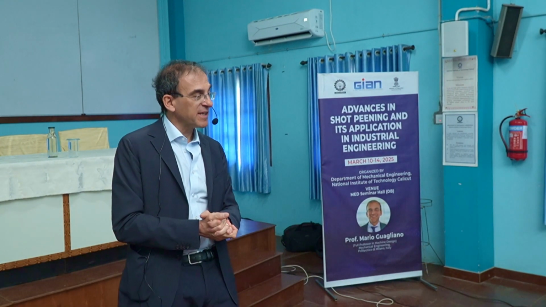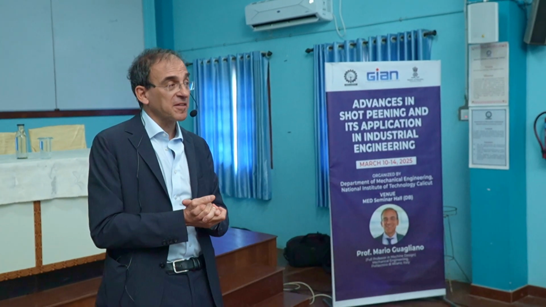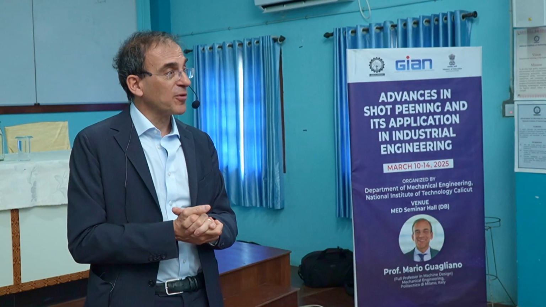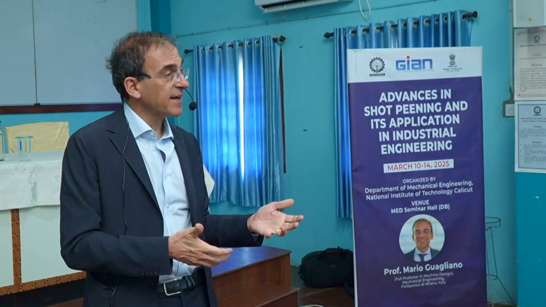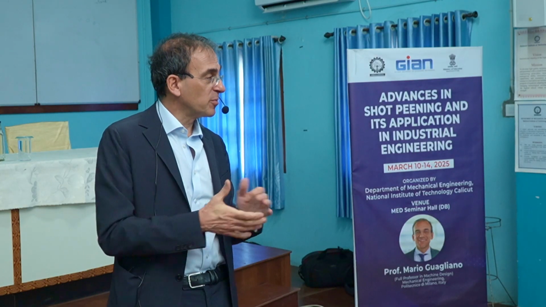As I said, shot peening is a technological process, such as all the other technological processes. We need to design it if we want it to be well done. Otherwise, the results we expect are not going to be obtained.